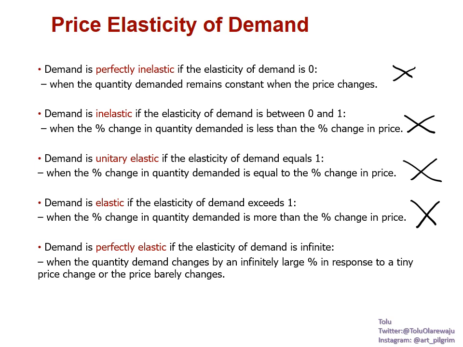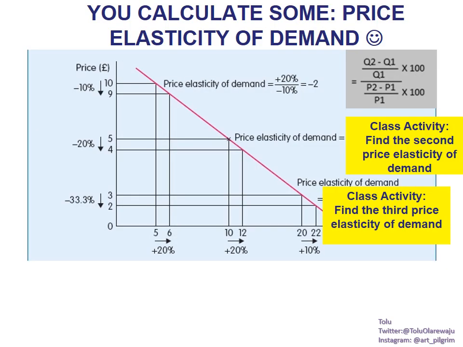It's the same salt and it's being sold for a cheaper price somewhere else. So you have perfect elasticity. So the quantity demanded changes by an infinitely large percentage in response to a percentage change in price when the price barely changes.